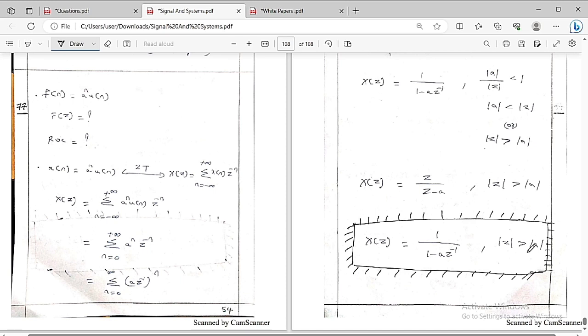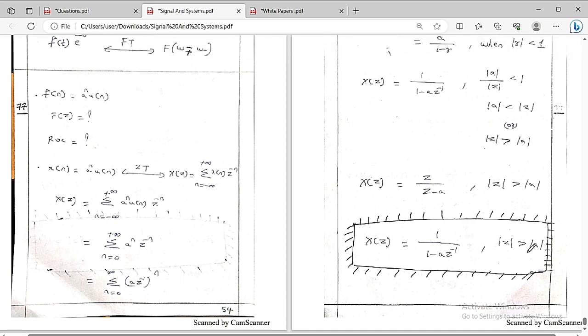And always remember, the ROC may include the zeros or it may not include the zeros, it depends on the ROC, but it will never include the poles. Because if you substitute the zeros, you are going to get 0 for F of Z, which is a finite value, but if you substitute the poles, you get infinity, which means it is not going to converge.